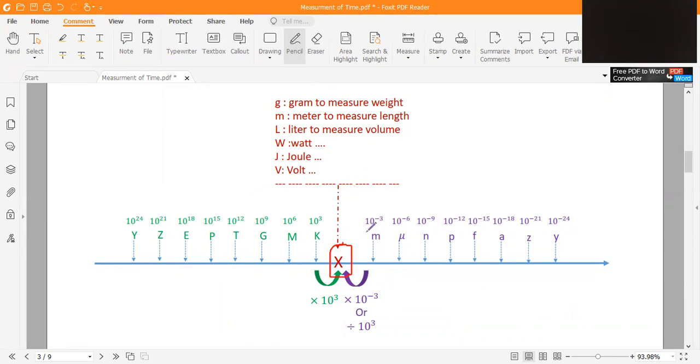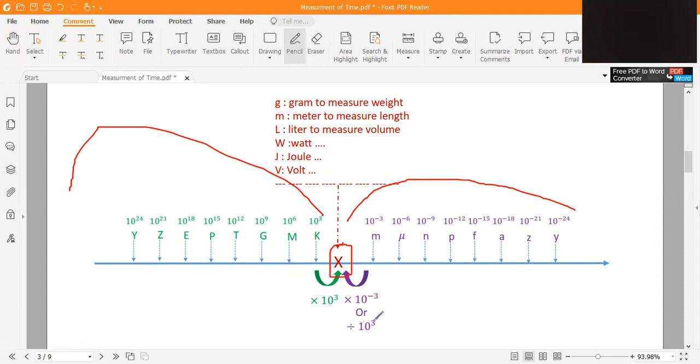And on the right we have milli, micro, nano, pico, femto, atto, etc. And on the left we have kilo, mega, giga, tera, peta, exa, zeta, and yota.